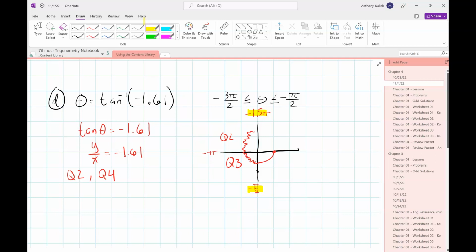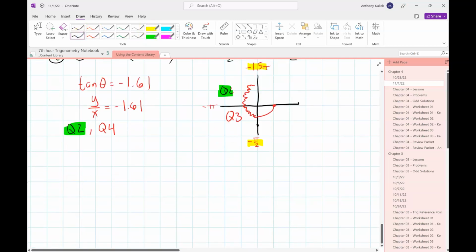I'm sorry, it's based off negative 2. That tells me what numbers my answer has to be between. So the quadrant that my answer needs to lie in is quadrant 2.